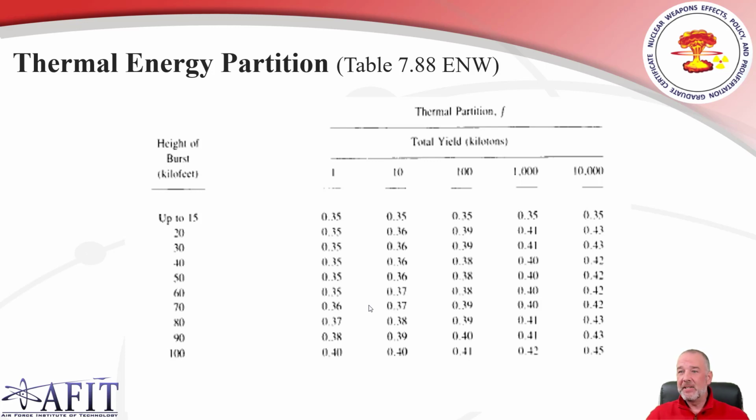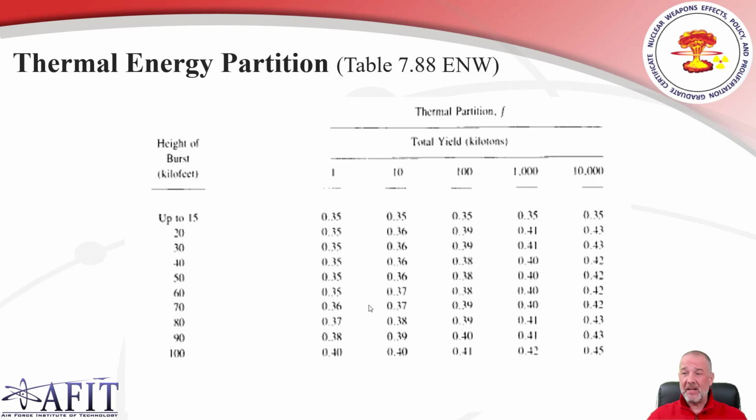So what we can see is a height of burst up to 15,000 feet. With a 1 kiloton yield, we get 35%; 10 kilotons, 100 kilotons, a megaton, or even 10 megatons, it's still that 35%. That's half of it going to shock and half to thermal. Now, as we start to increase in altitude, we start to see things change a little bit.